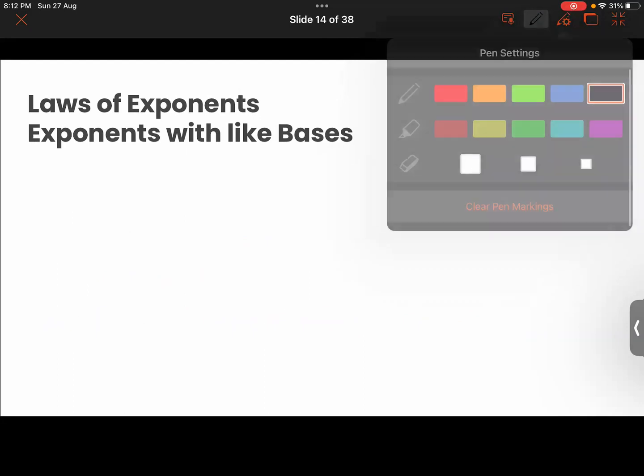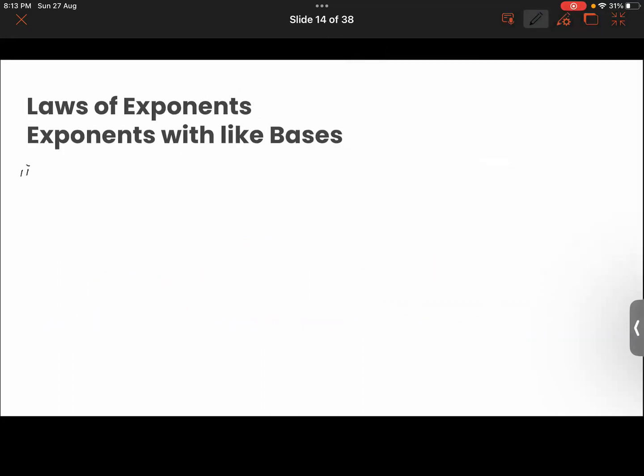Now let's look at another law. Now, let's say we have got the rational number and then the same rational number. Remember you had the rational numbers a and b and the integers m and n. We have assumed that, right?